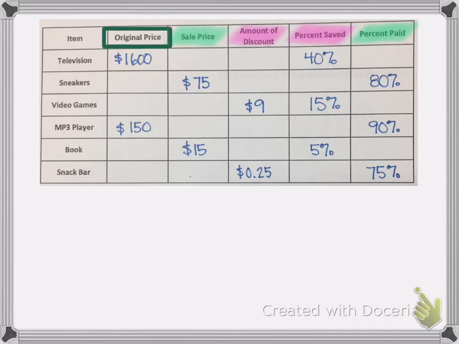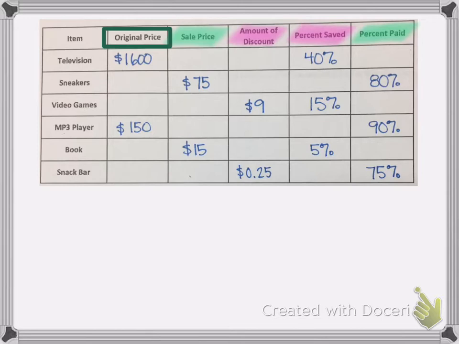The original price is a whole, the whole cost, the entire thing. So when we set up part to whole ratios, we're going to remember that the original price is a whole. The sales price is the part that we pay, and the amount of discount is the part that we save. So those two are parts. We'll keep that in mind as we're solving these as well.